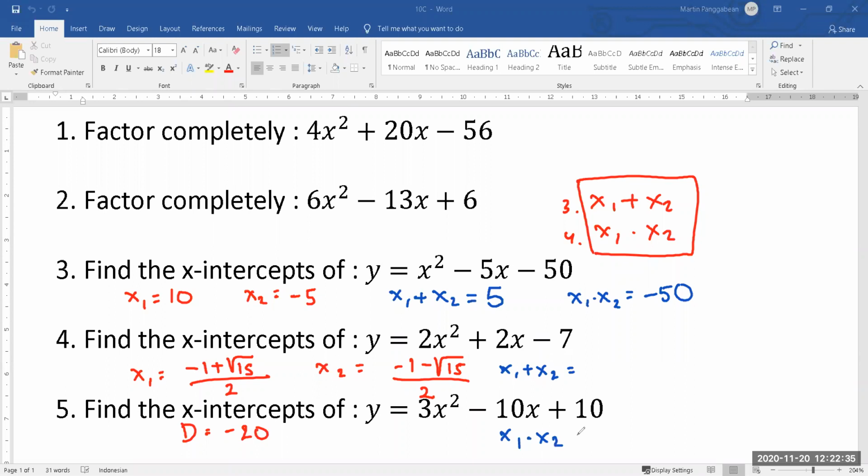Is it -1? Okay, so good. So who has already had the multiplication, x1 times x2? Is it 1 minus square root of 15 squared divided by 5?